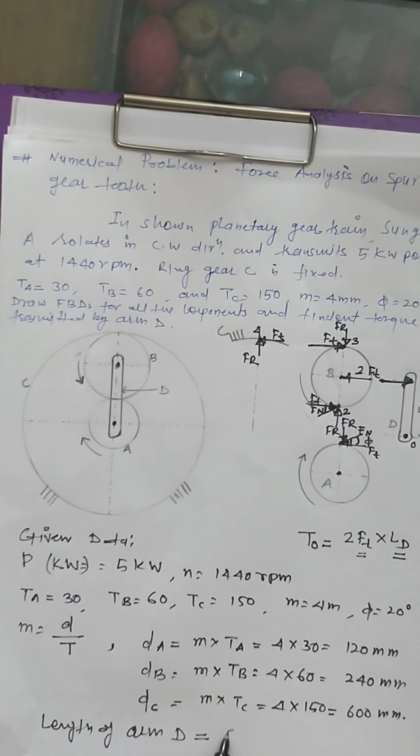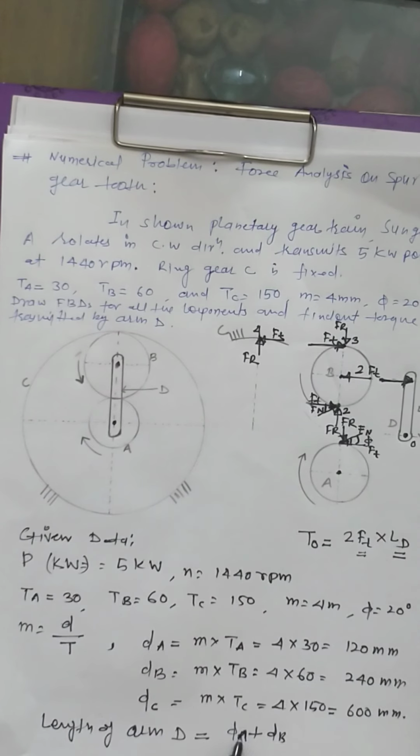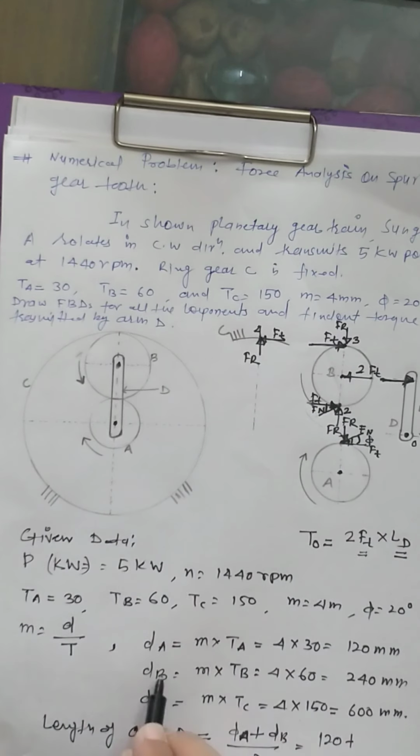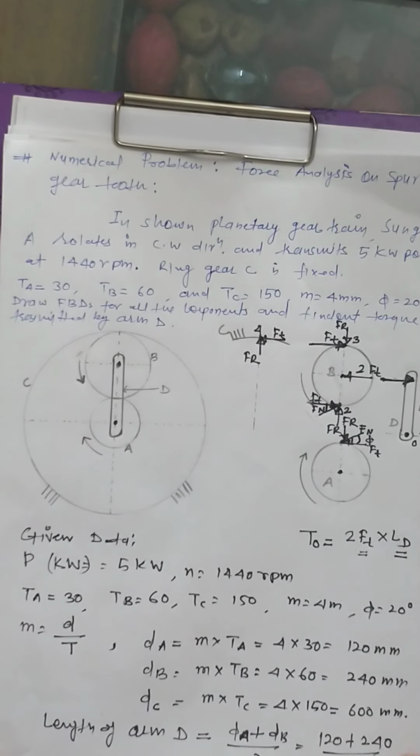So DA plus DB divided by 2. DA is 120 mm plus DB is 240 mm, divided by 2. So this becomes 180 mm.